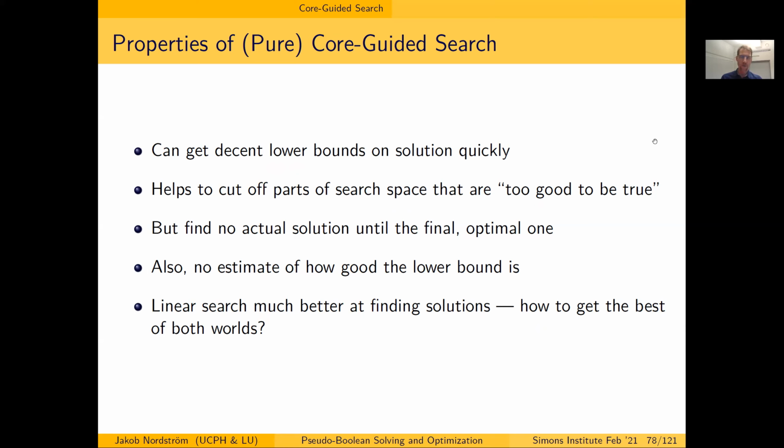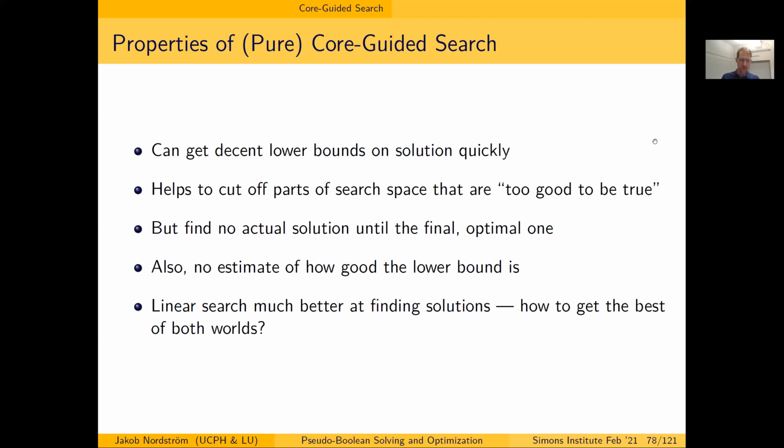However, the way the algorithm works here, we know nothing about the solution until we finally hit on the optimal solution. So we know nothing until we have the optimal one, and depending on what you want, this might not be what you're after.